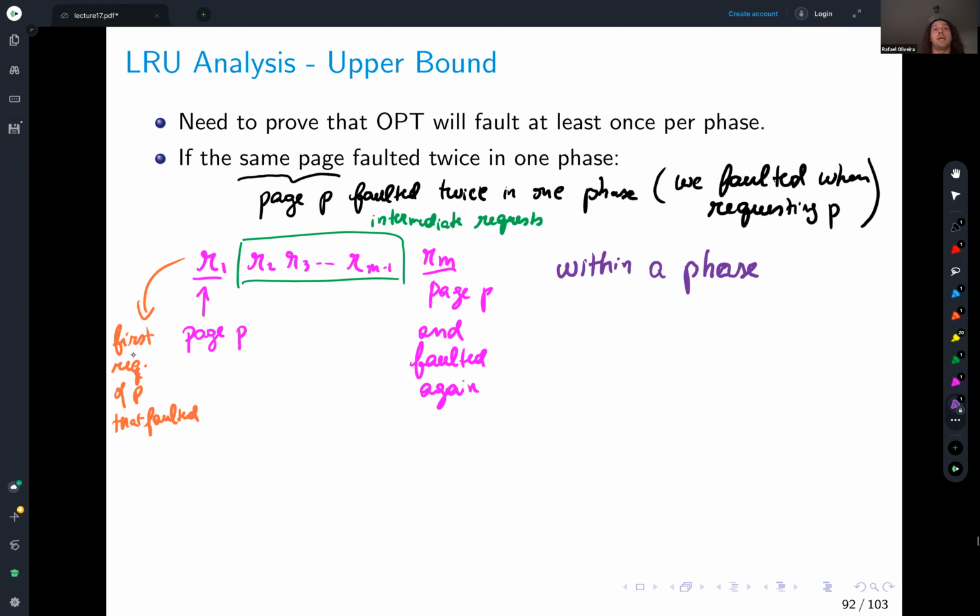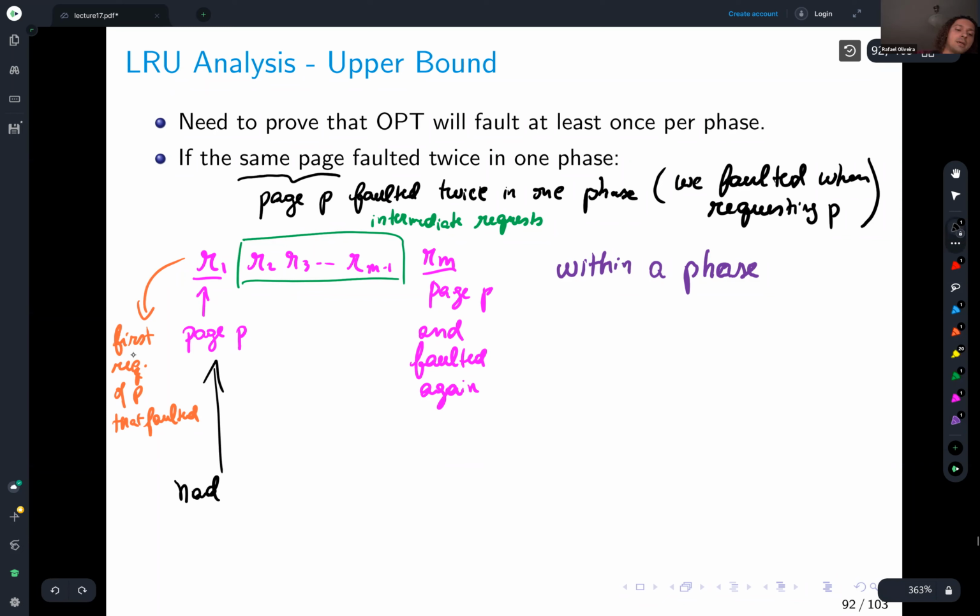All right, so here's the thing. If we faulted twice on the page, what happens at this time? The first time that I faulted, all I can say is that I had no page P in the cache. Now, when I fault again, remember, we're using the least recently used heuristic.